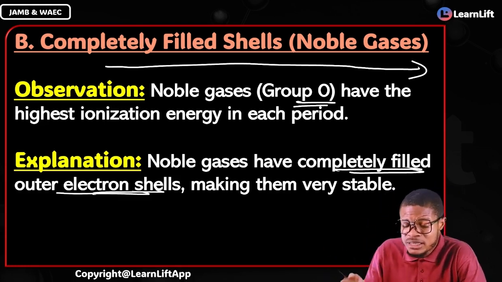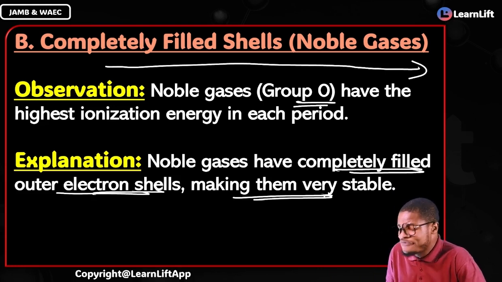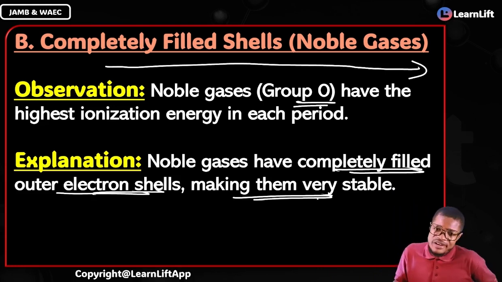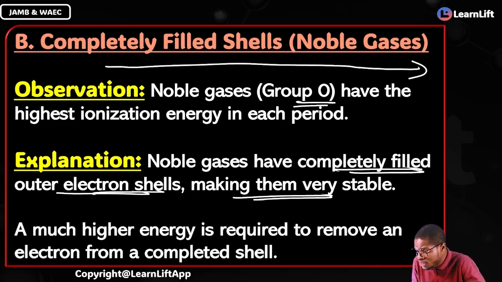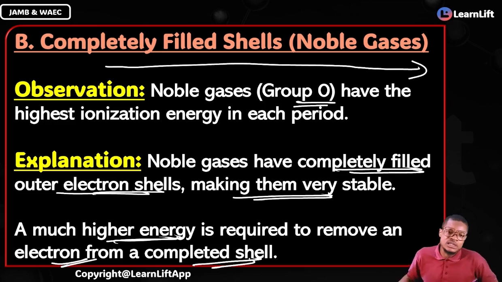Because their shell is completely filled, it makes them very, very stable. Because they are very stable, to remove an electron, a much higher energy will be required to remove an electron from a completely filled shell.